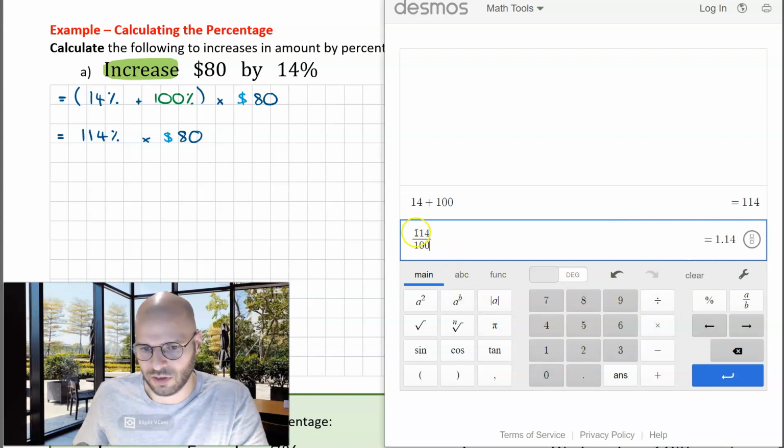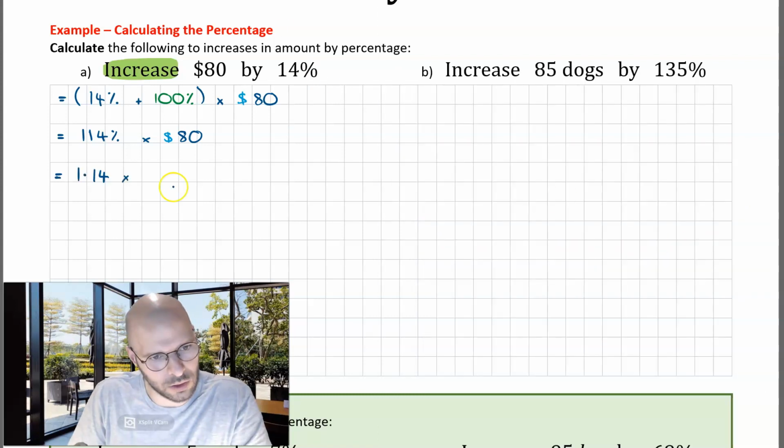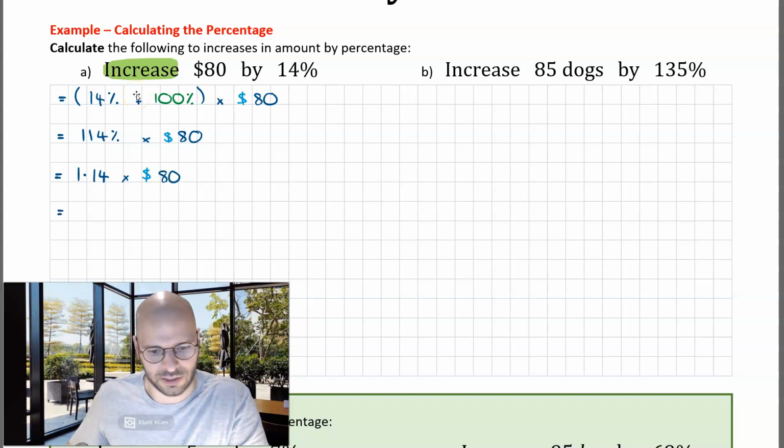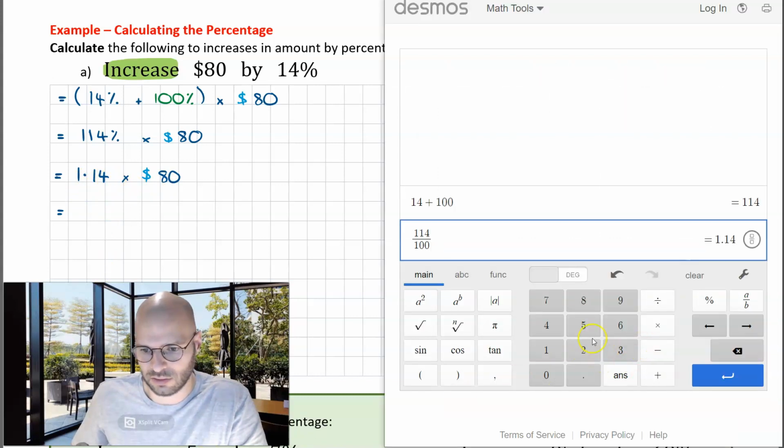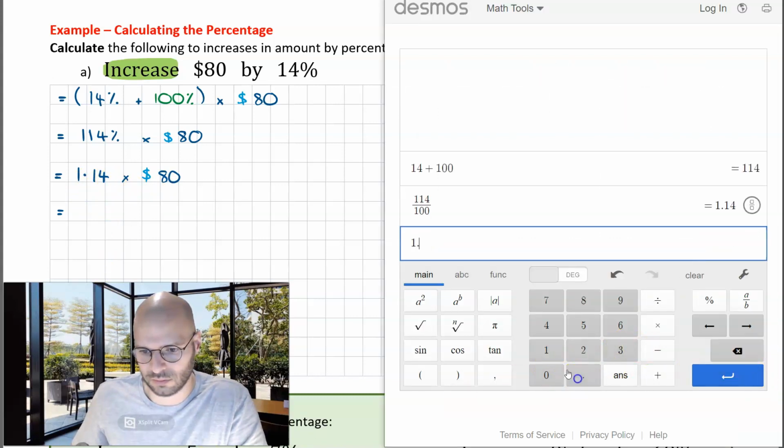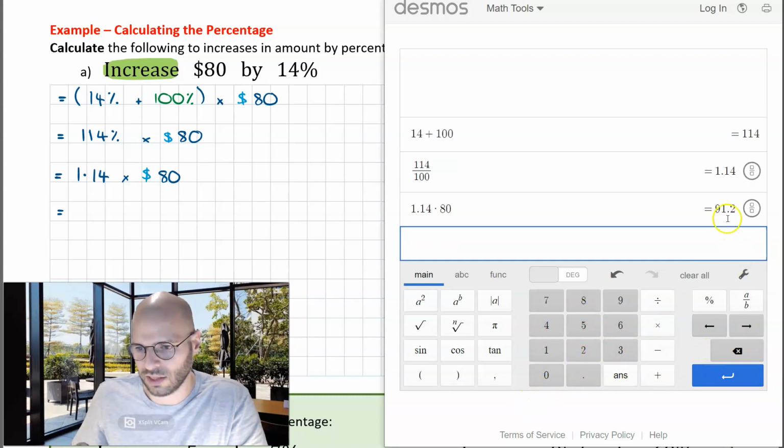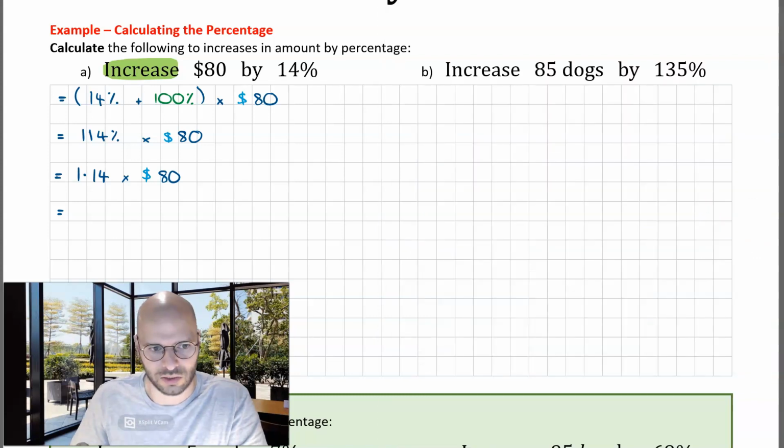So we simply divide our percentage by 100, which gives us 1.14. Notice the percent sign is now gone. And finally, finishing this off, we simply do this calculation here, 1.14 times 80. Thus showing that our final value is $91.2.